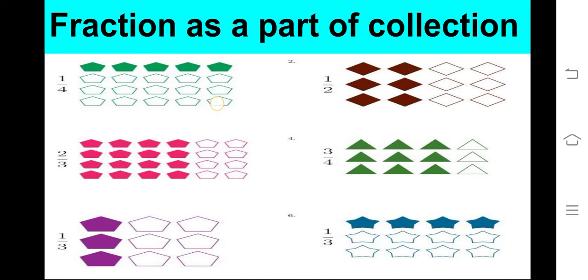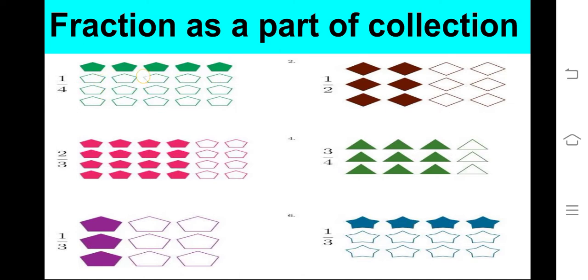So there are 20 objects or shapes here. So therefore 1 by 4 means 1 by 4 of 20 is 5.